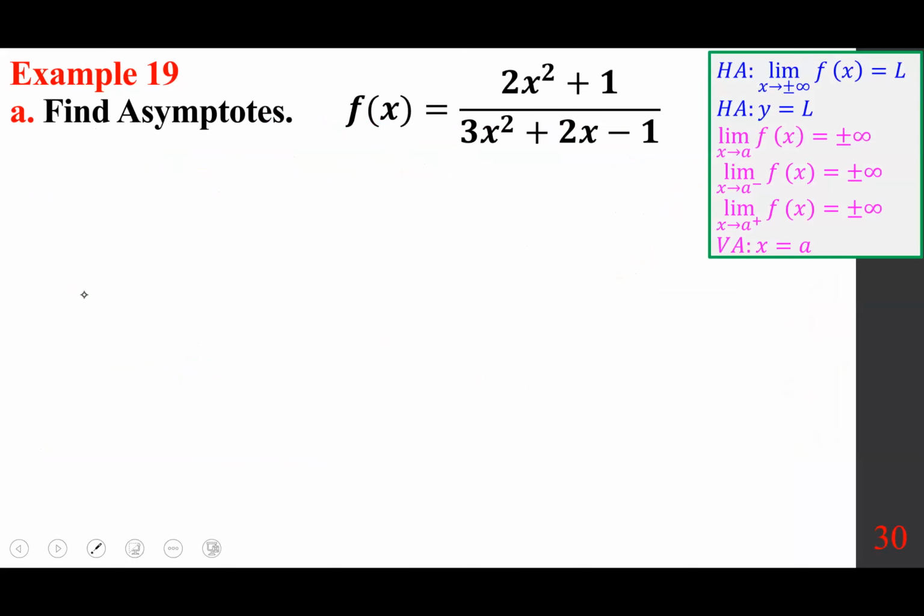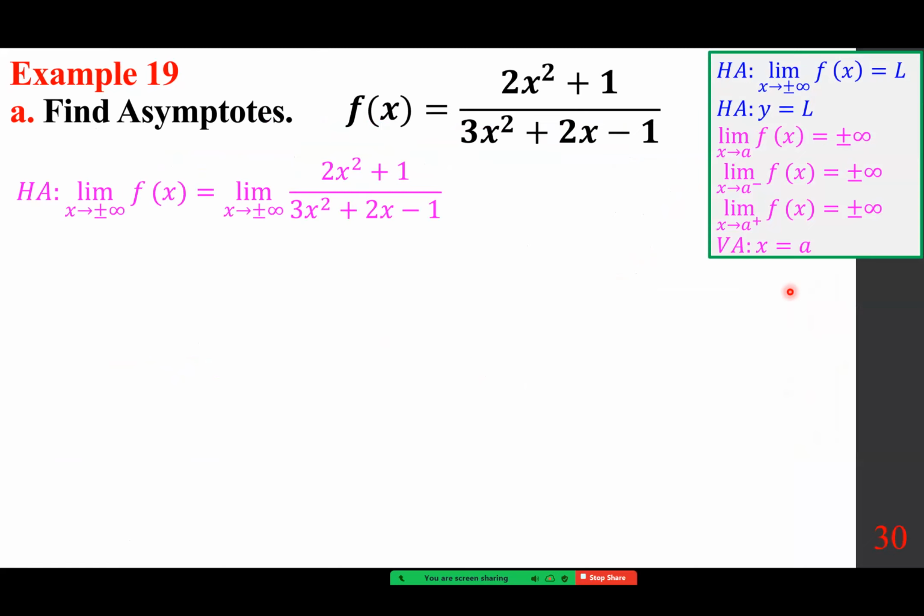Reminding you of definition for horizontal asymptotes, vertical asymptotes, we want to find those. To find the horizontal asymptotes, we're going to take a limit as x goes to infinity or negative infinity. And because it's a rational function, they have the same methodology, namely divide by highest degree term in the denominator, which is x squared.